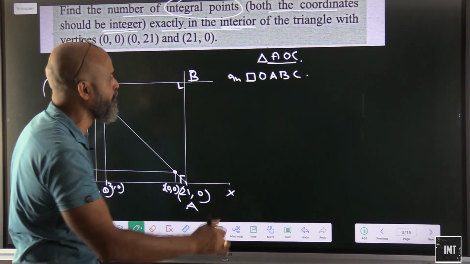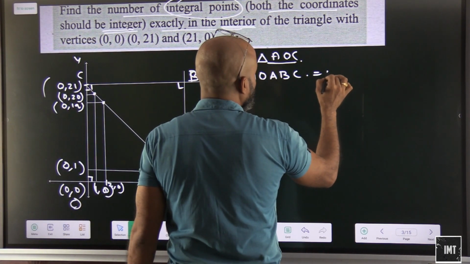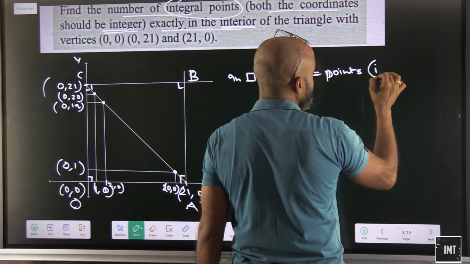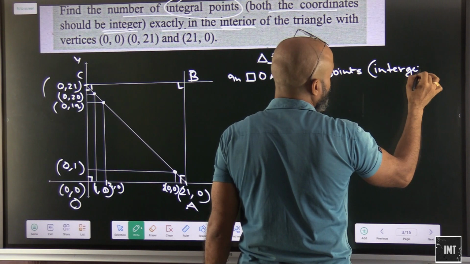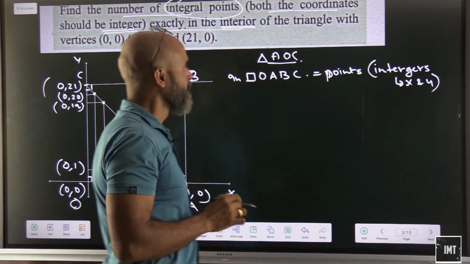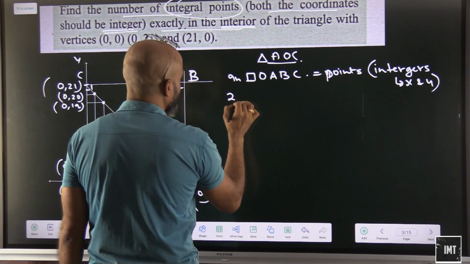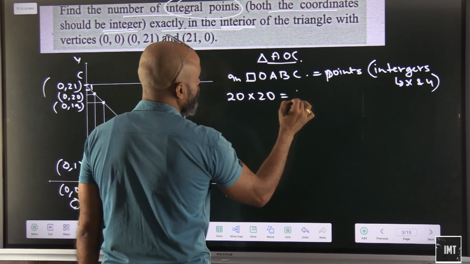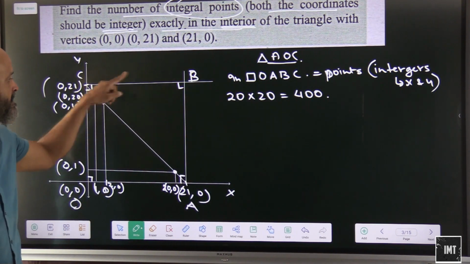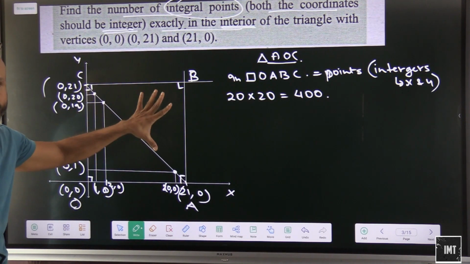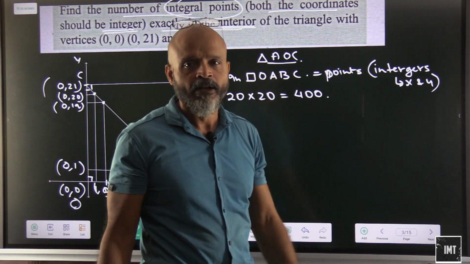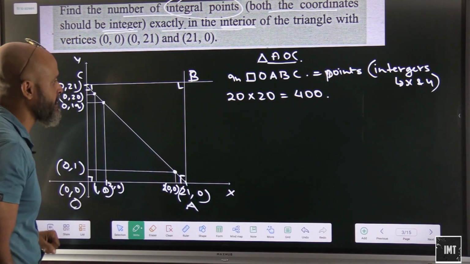So inside there will be how many integral points, integers both in terms of x and y? This will be 20 into 20, that is 400 points. So there will be 400 points inside OABC. Are we clear on this one, people?